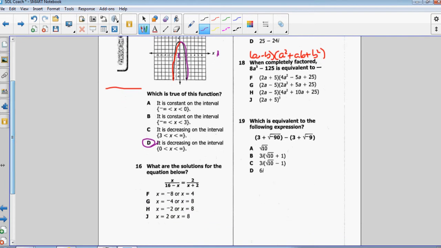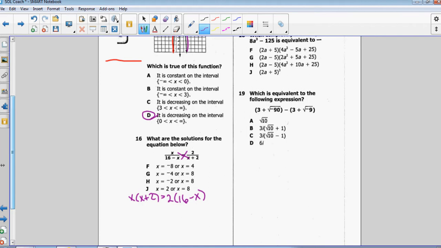Alright, 16. What are the solutions for the equation below? Well, the best way to solve this is to multiply both sides by the denominators, or you could also cross multiply here. So if you multiply the x times the x plus 2 and the 2 times the 16 minus x, you're going to get x times x plus 2 equals 2 times 16 minus x.